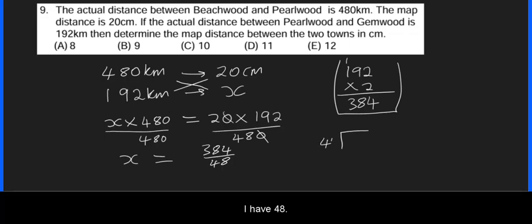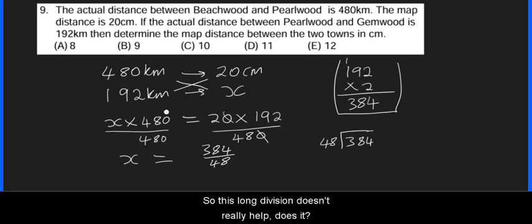I have 48. I want to divide it here. As you can see, 48 doesn't go into 3 and doesn't go into 38. It goes into 384. So this long division doesn't really help, does it?